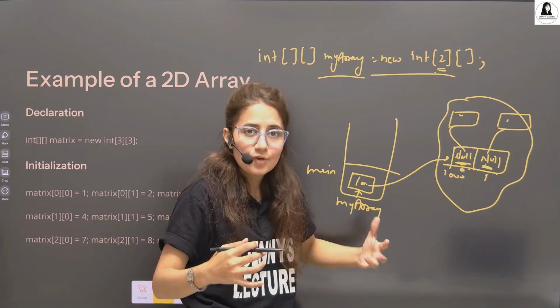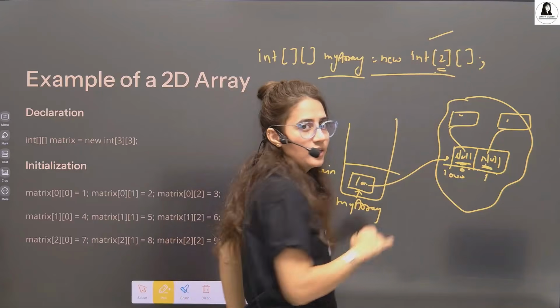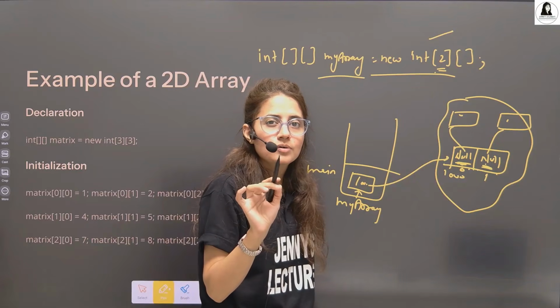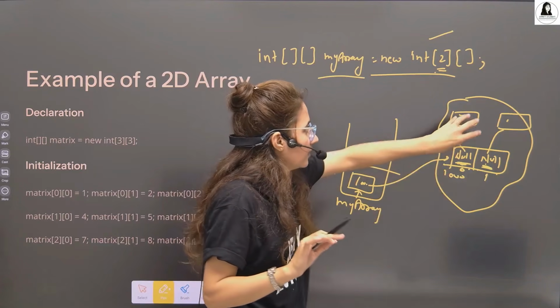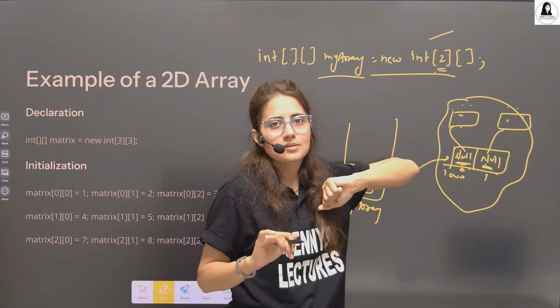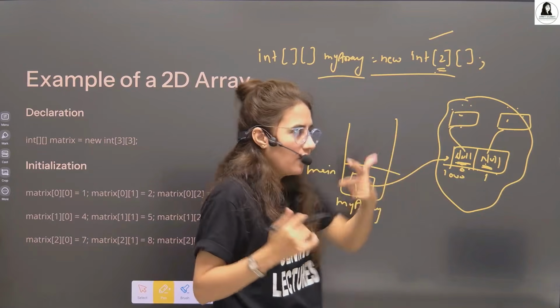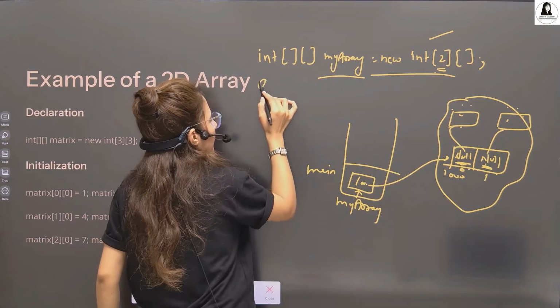So first, if you write this kind of thing, you need to create these 1D arrays separately. How will you do that? You will write something like this.